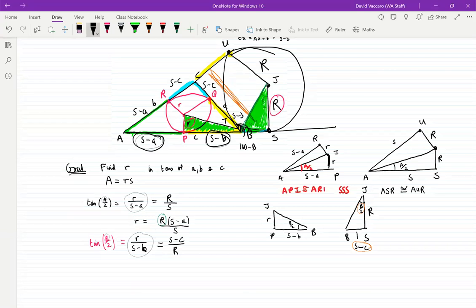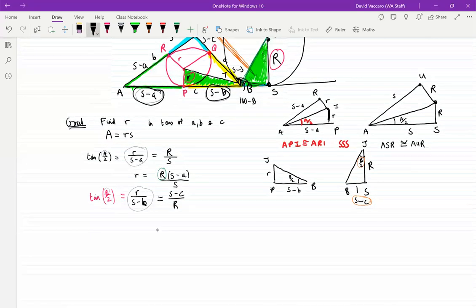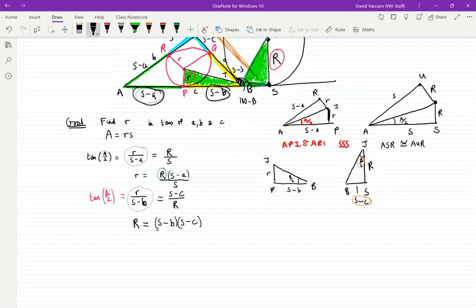So this is a different style of expression, and it tells me that my x radius capital R is s minus b, s minus c, all over r. I can now substitute that into here.